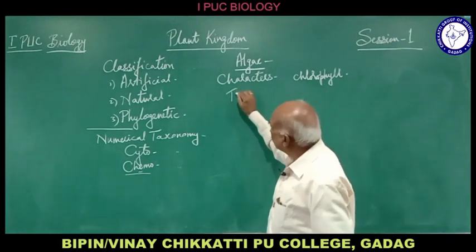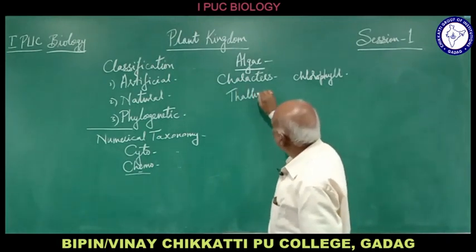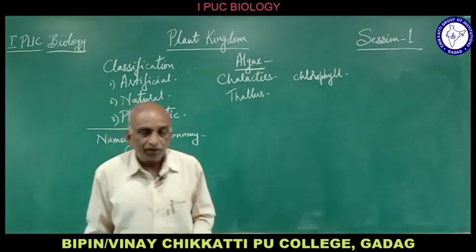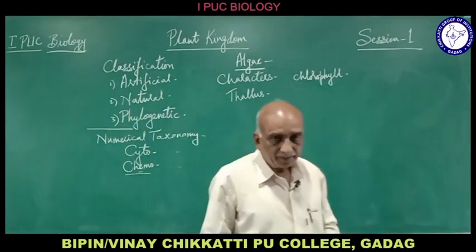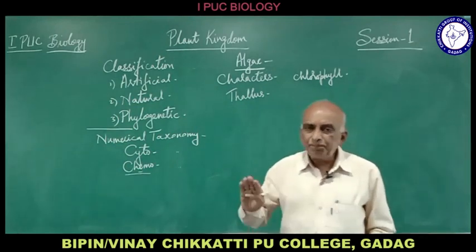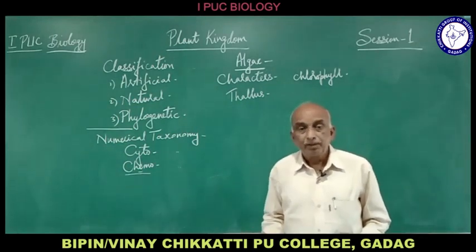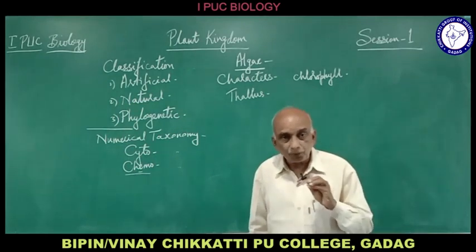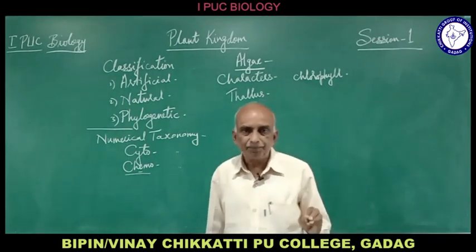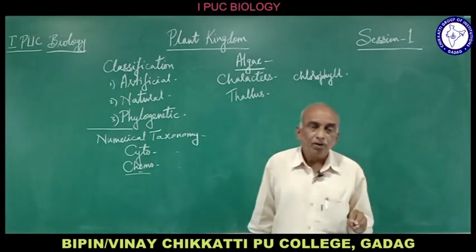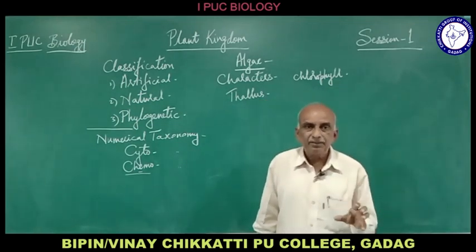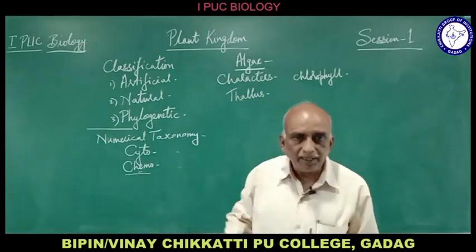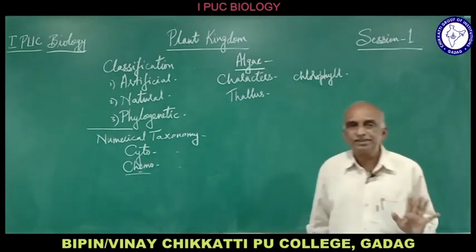Another important thing is the body of algae is called a thallus, or thalloid. Thallus means any plant body which has no true root, true stem, true leaf. In other words, a plant where root, stem and leaf are not clearly differentiated.